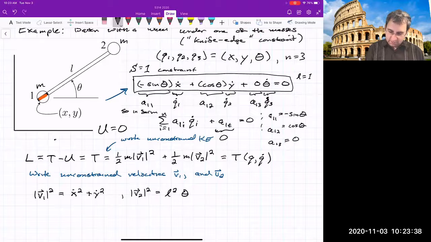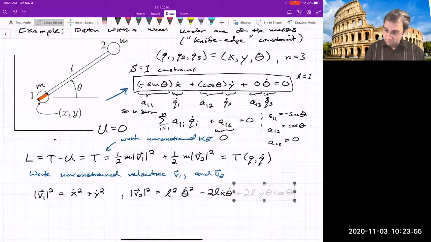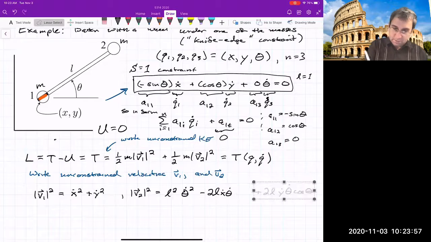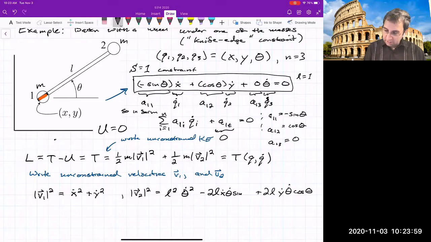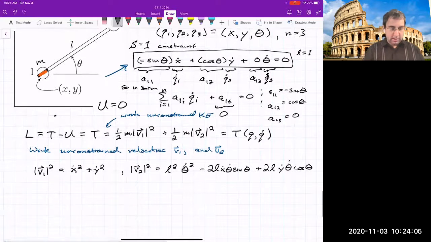L squared theta dot squared minus 2L x dot theta dot plus 2L y dot theta dot cosine theta. I think I'm missing a sign. I'll just move this over. Sine theta. All right. You plug that in.